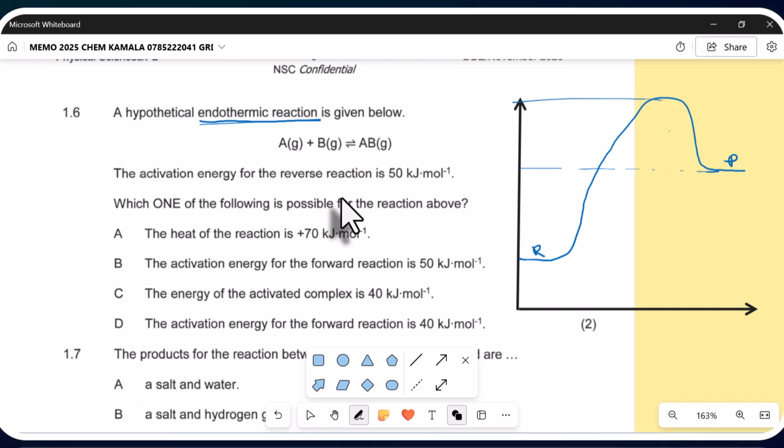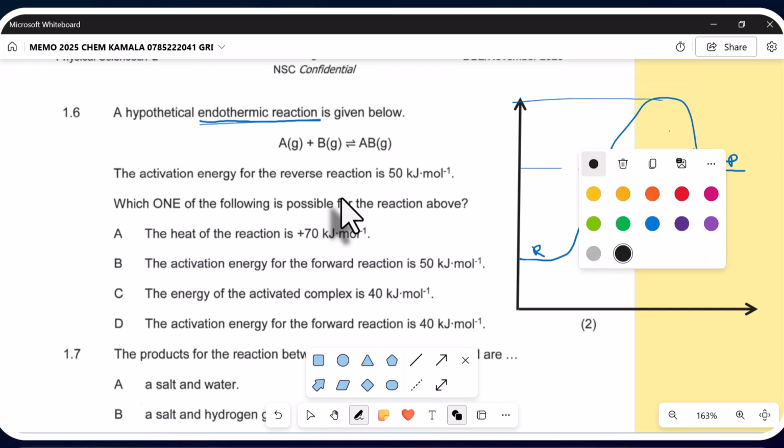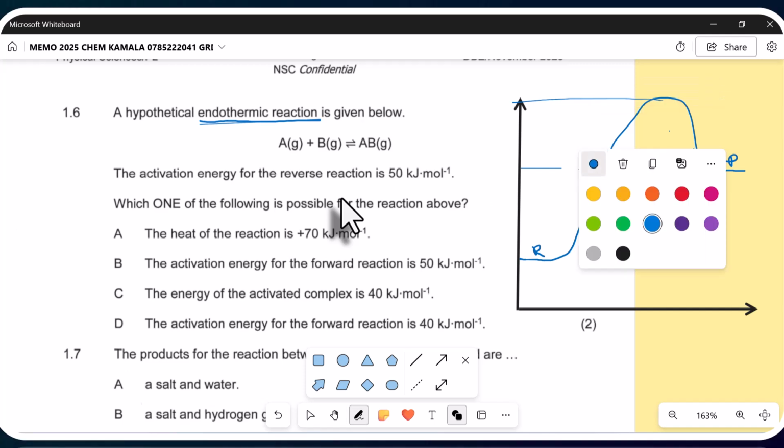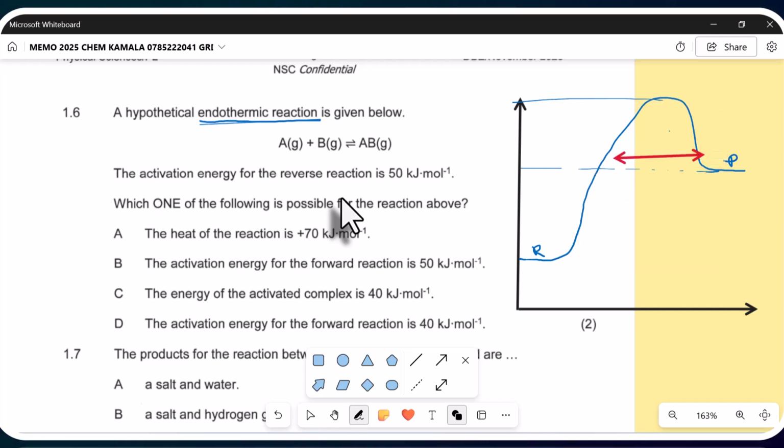That means from the products to form this complex, it is 50 kilojoules per mole. So this is activation energy, but for the reverse reaction.